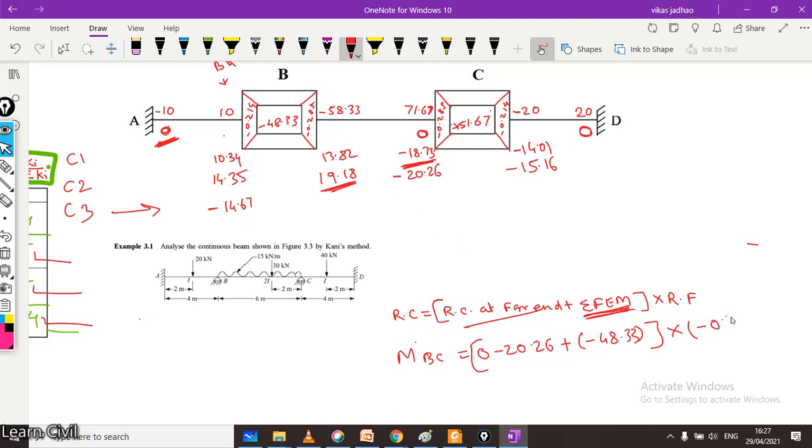So minus 0.285. So this will be equal to 19.62.